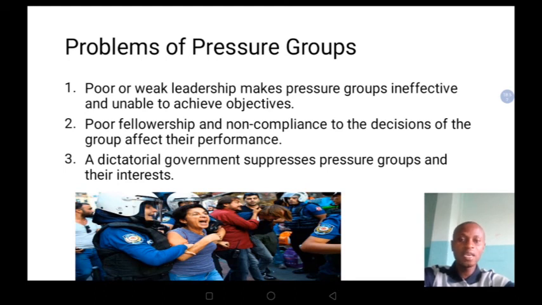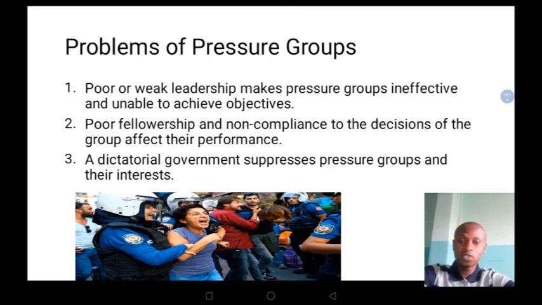Now, a dictatorial government suppresses pressure groups. So it's one of the disadvantages or problems of pressure groups. If the government of the day is a tyrannical government, if we have a despot as the president, or for example, if it's a military government, the pressure groups can only do little.